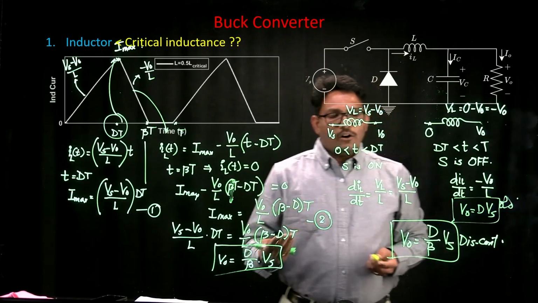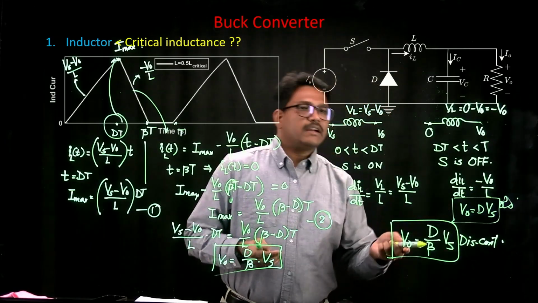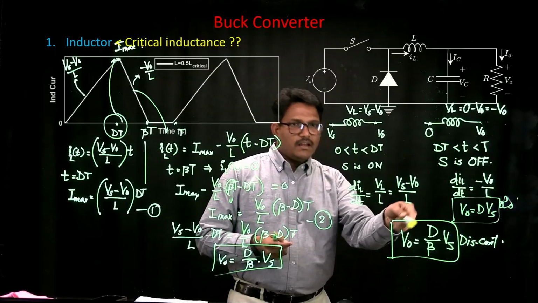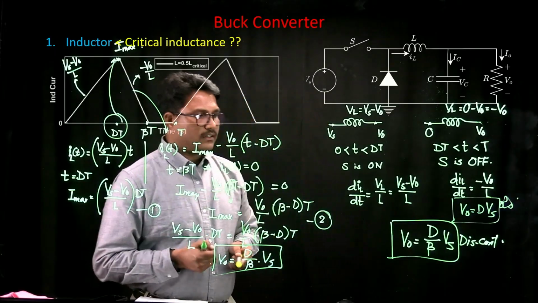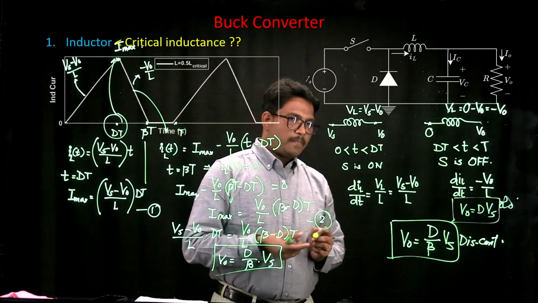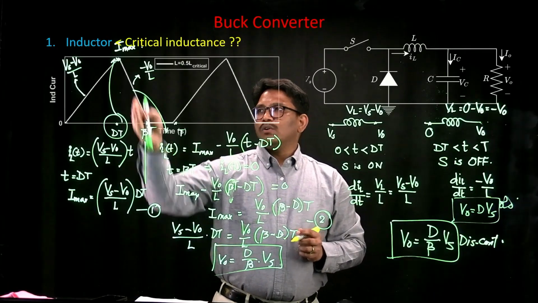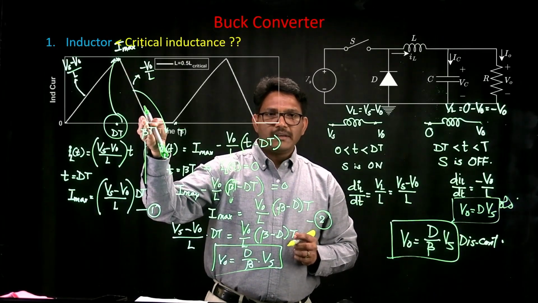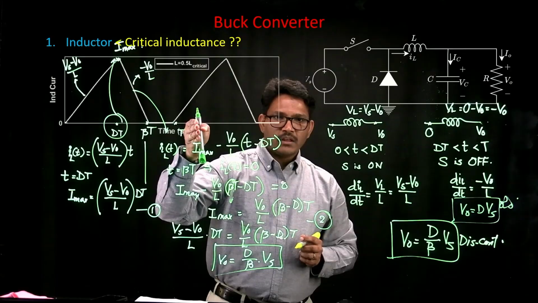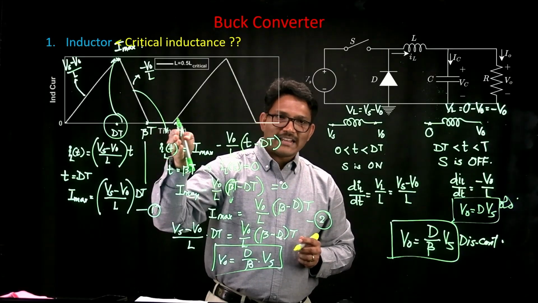How much will be the output voltage? It is d upon beta times Vs. So there is a factor called beta coming into the picture now. Now you know that your current is not becoming 0 beyond t, meaning beta t is always less than t.